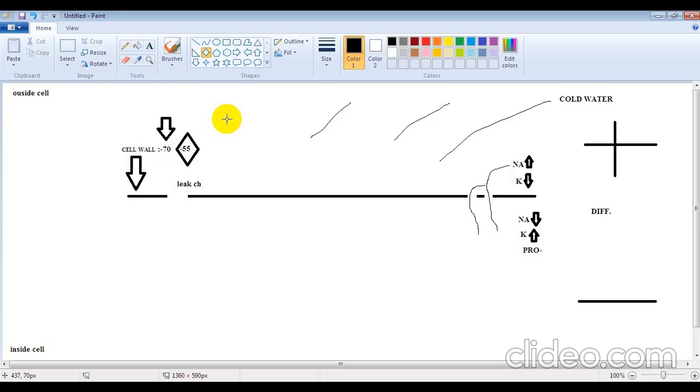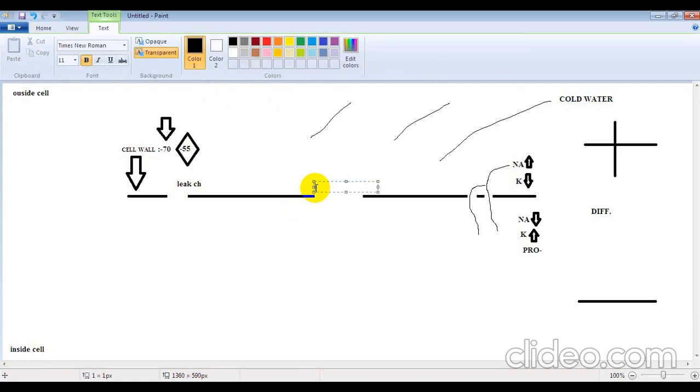When the cell wall reaches -55, a special pump called the voltage gated sodium channel opens.